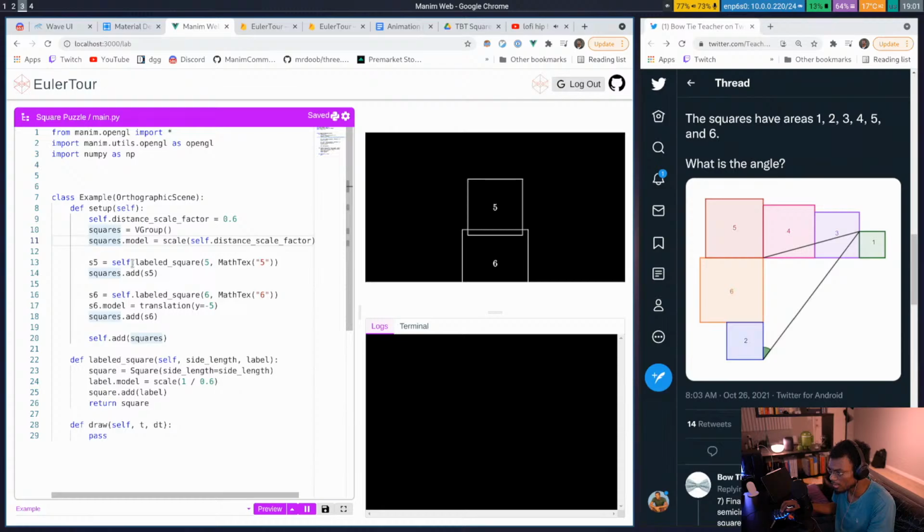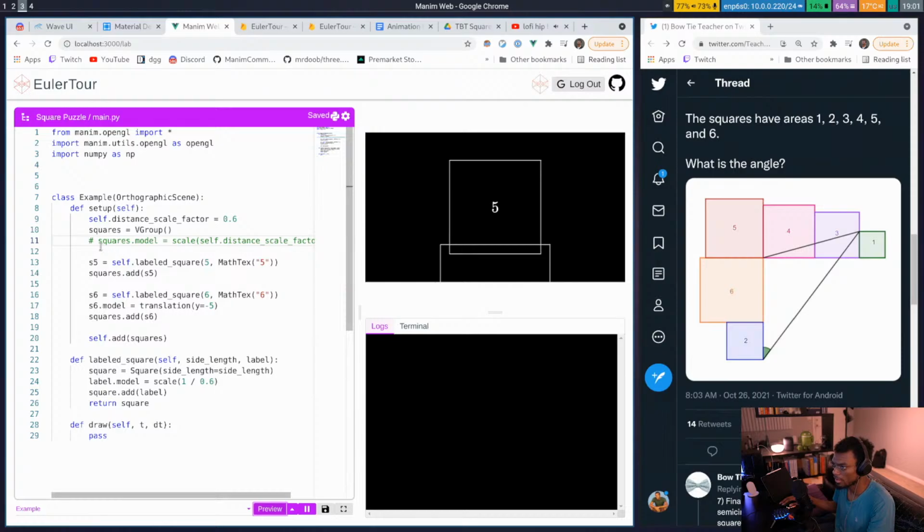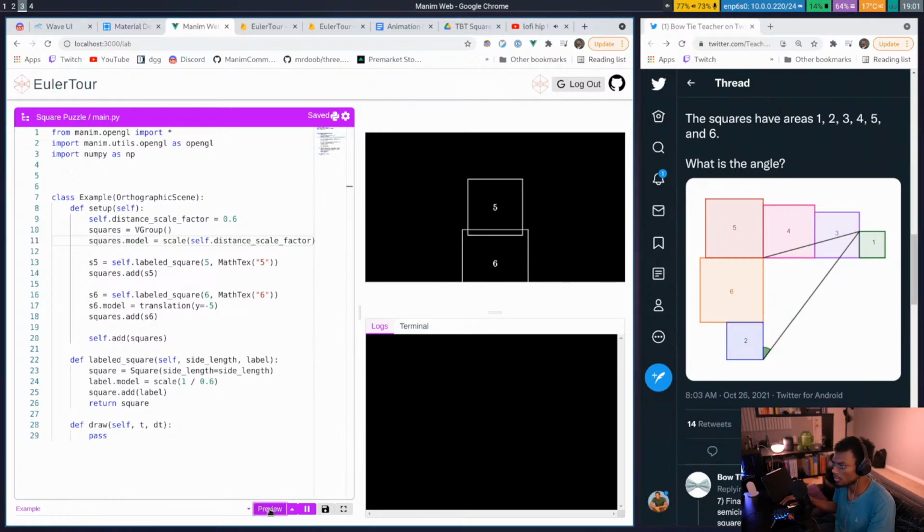Let me see. So that only changed the size, which is what I expect. Wait, I think this makes sense actually.